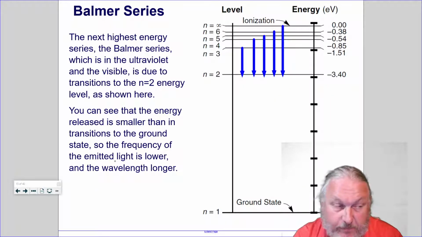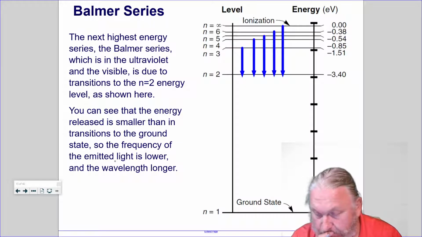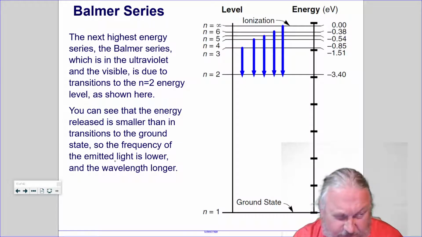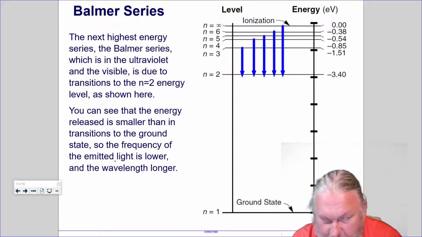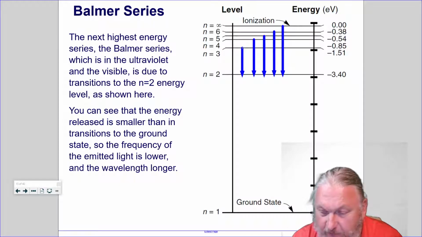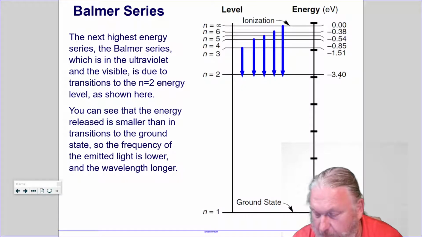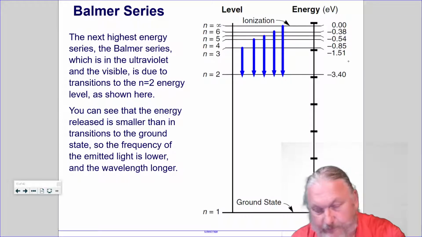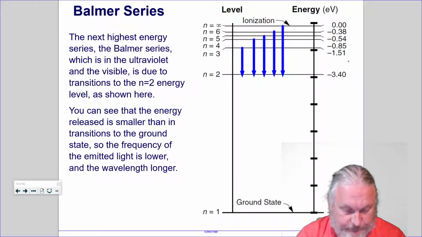If we were to take the Balmer series, okay, and again, that started at 2, 1 over 2 squared, then 1 over n squared. And if we were to take that energy loss, or the energy of that photon, and go from N3 down to N2, that'd be what, 1.51 minus 3.4, or 3.4 minus 1.51.